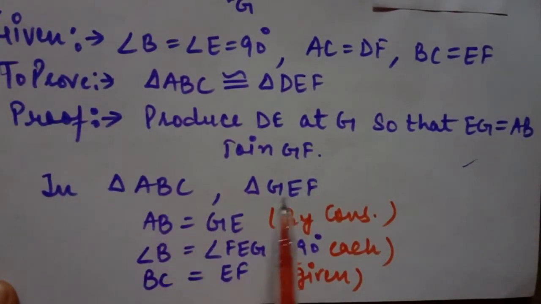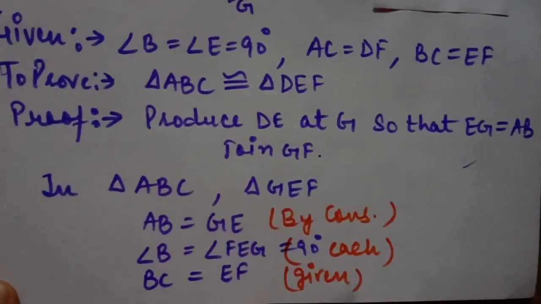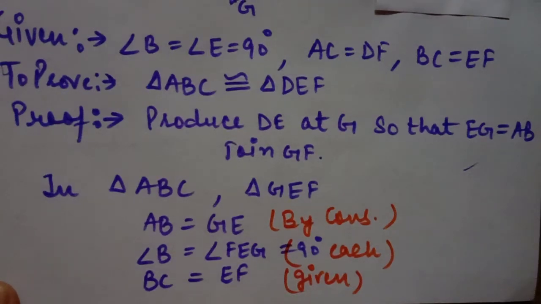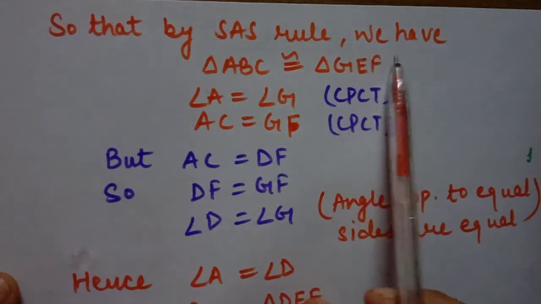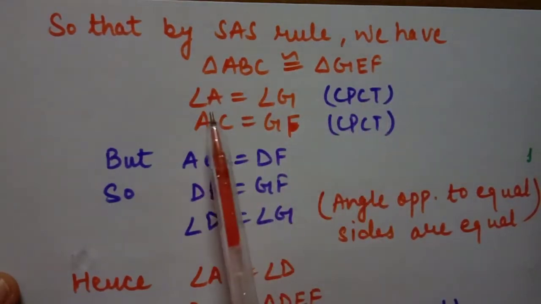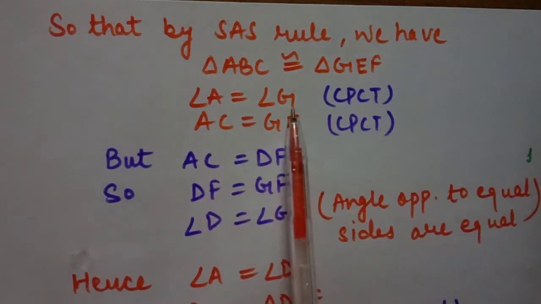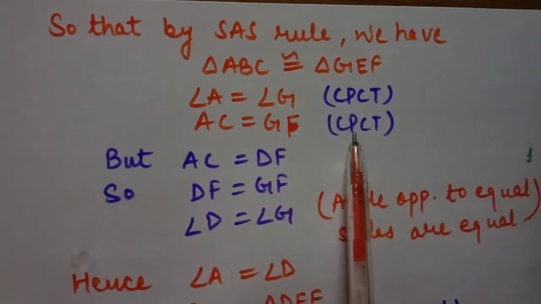In triangles ABC and GEF, AB is equal to EG by construction, angle B is equal to angle E, which I marked as angle 1, 90 degrees each. BC is equal to EF, given. So students, by the SAS rule we have triangle ABC congruent to triangle GEF. Angle A is equal to angle G by CPCT, and AC and GF are also equal by CPCT.